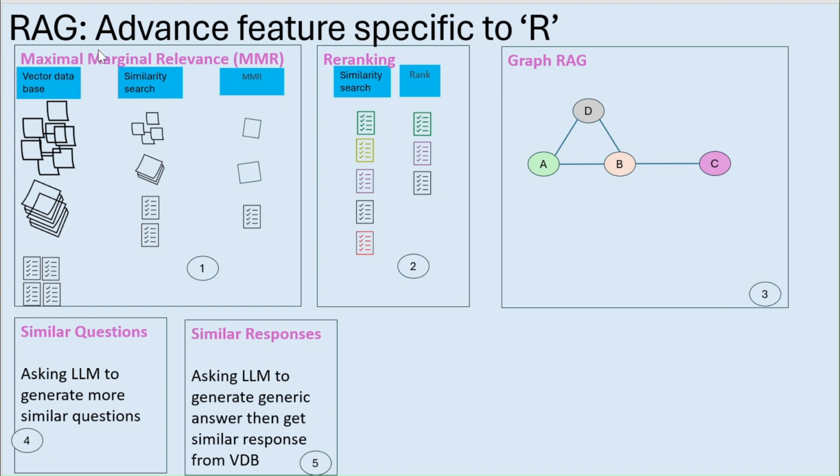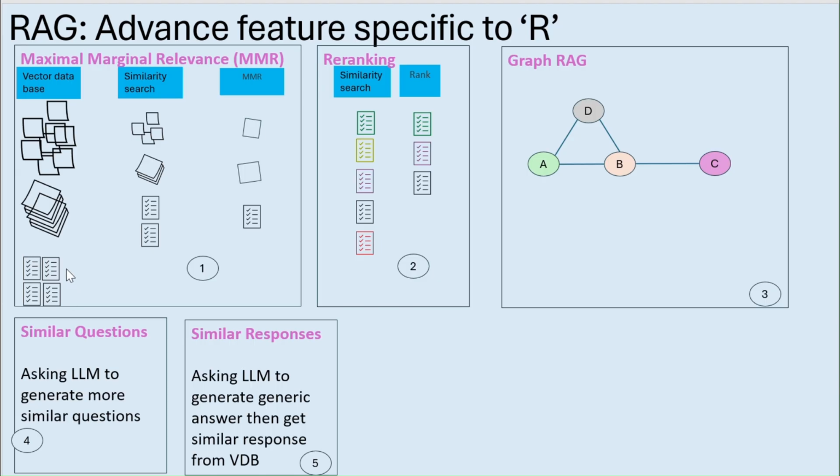So here, the very first one is maximal marginal relevance, also known as MMR. What is the meaning of this? In a vector database, let's assume that you have three sets of documents, any big documents. This is one set of documents, this is another set, and this is another set.